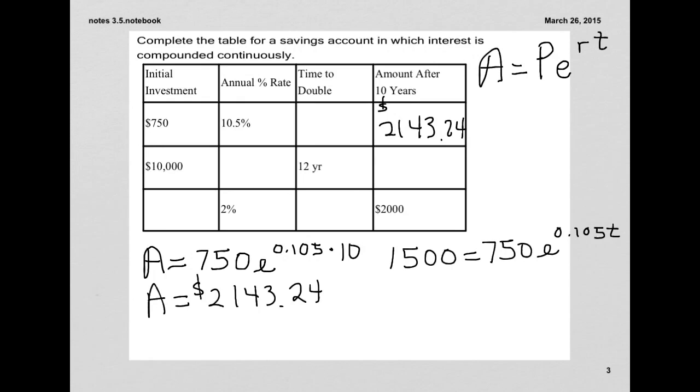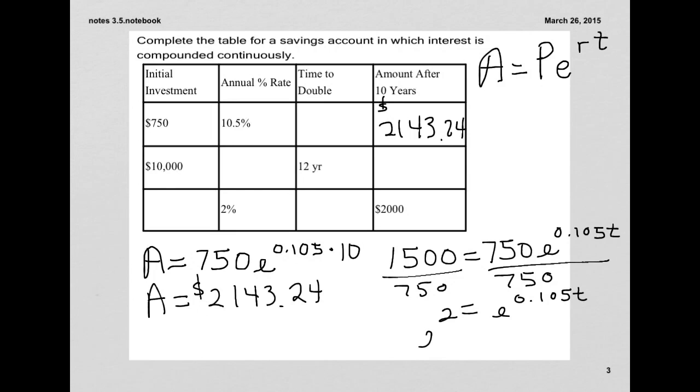Well, I start out by dividing both sides by 750. And I get 2 equals e to the 0.105t. Well, I need to get rid of the e, so I know I do the ln.